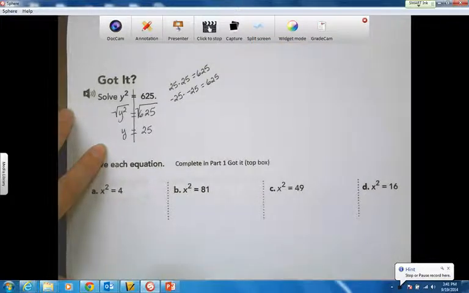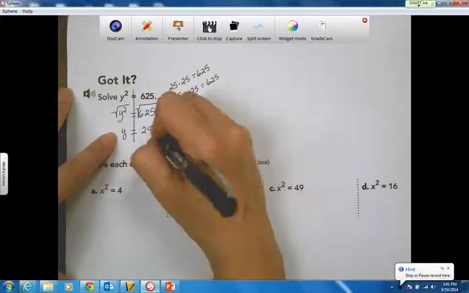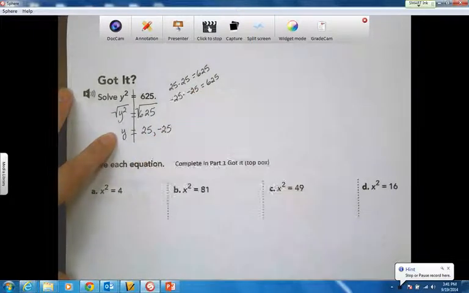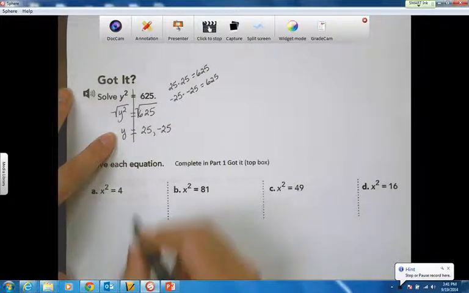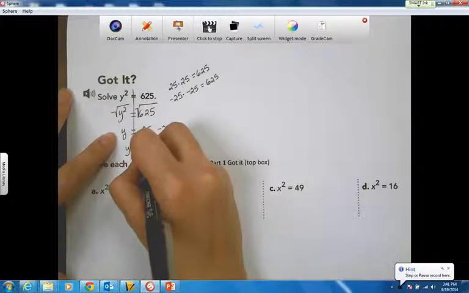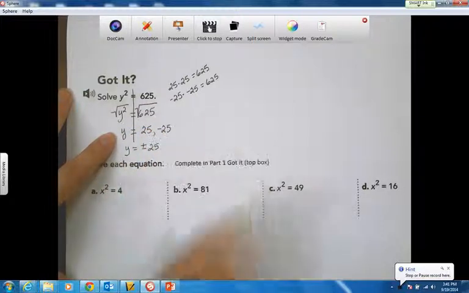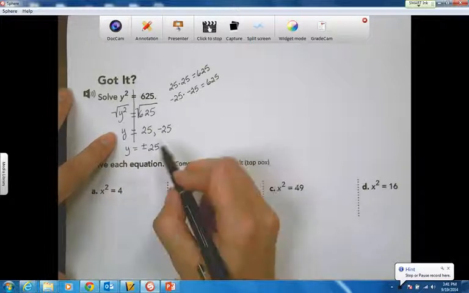So when I write my answer, I can write y equals 25, and negative 25, or as a shortcut you can write y equals plus or minus 25, which means positive or negative 25. Either one you can write for your answer.